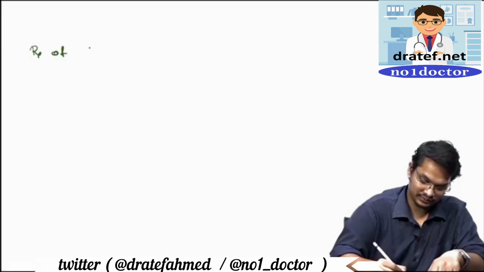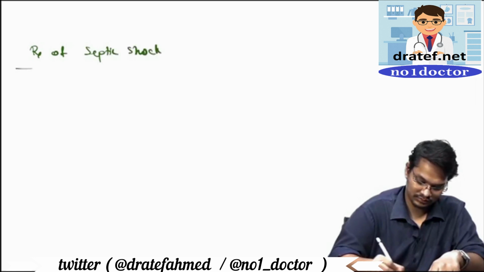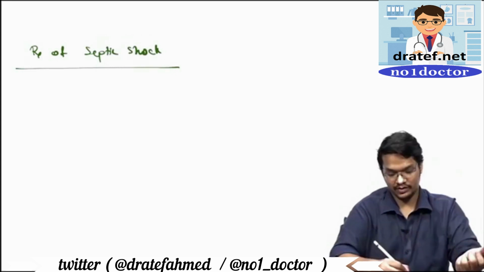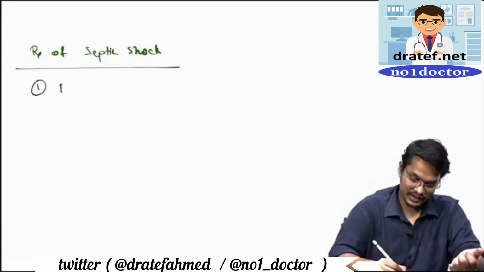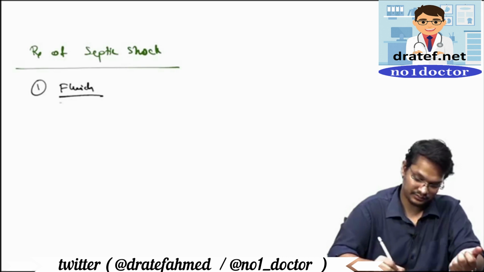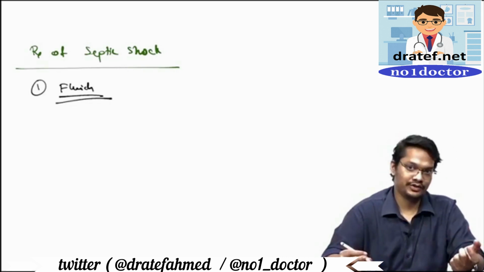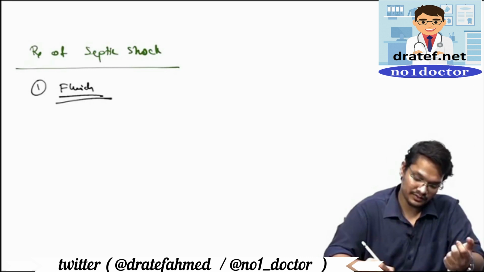Management of septic shock. As I told you, first of all, the first line is the fluids. I told you there is no ideal fluid. So what fluids can we give?